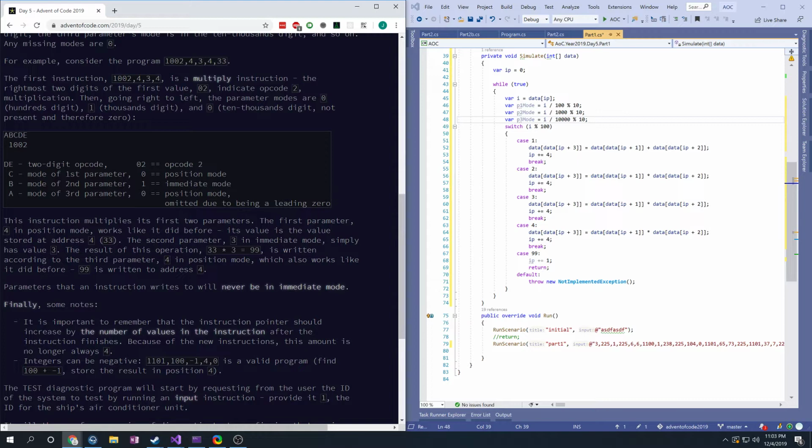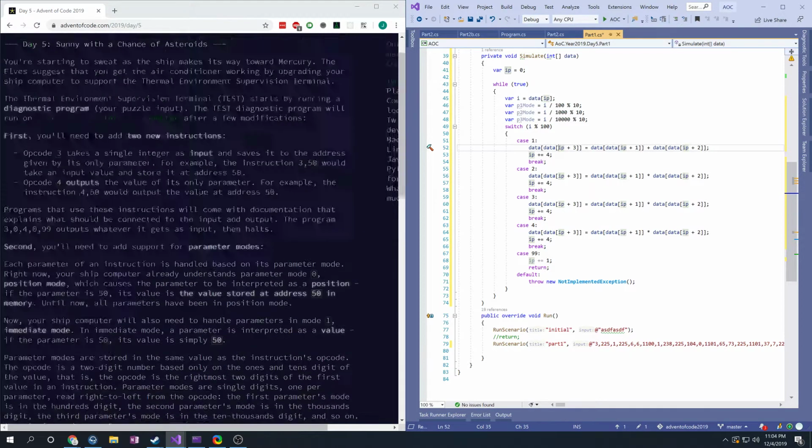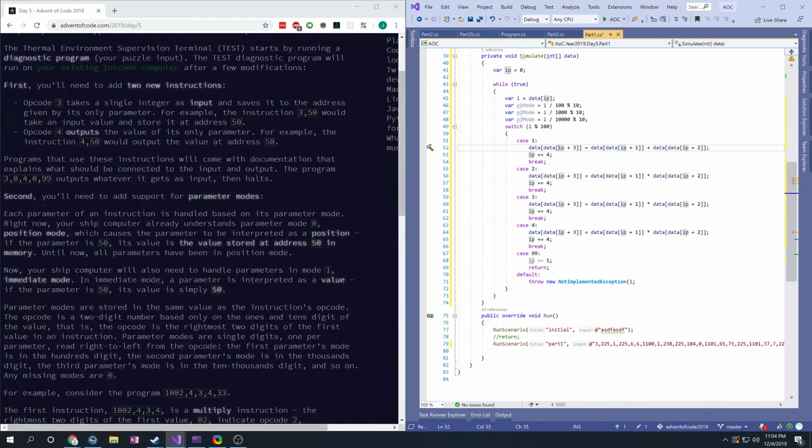Get mode is value 3. It's written in the problem that an instruction that writes will never be in immediate mode, so I don't have to check for the right-hand side. Okay.